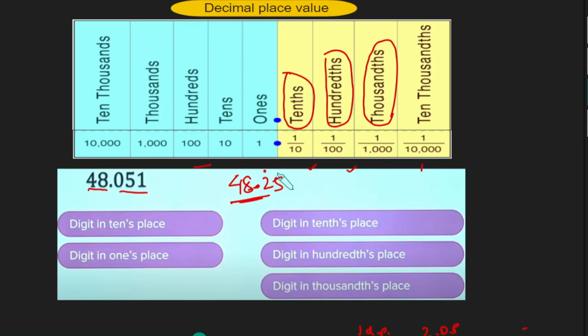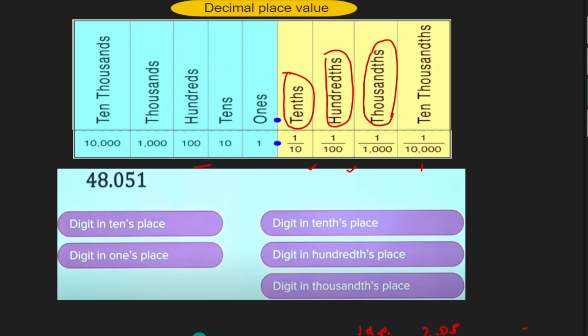We call the fractional part digits separately or individually, like 48.25, and if it is a number like this, it will be called 48.051, and we cannot call it 48.51 or something like 48.25.